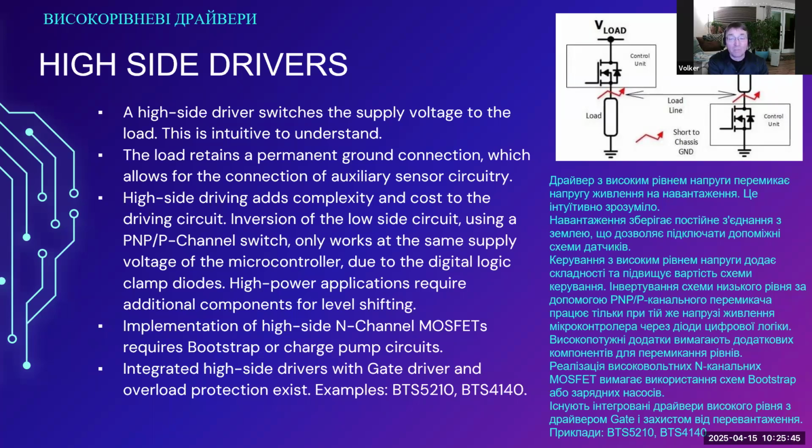High side driving adds complexity and cost to the driving circuit. That is really the problem. If you try to just say, okay, how about I take my low side drive and I'm taking the same circuit and I'm just tying my load to the emitter of my low side driver and I'm tying the collector to the supply voltage.